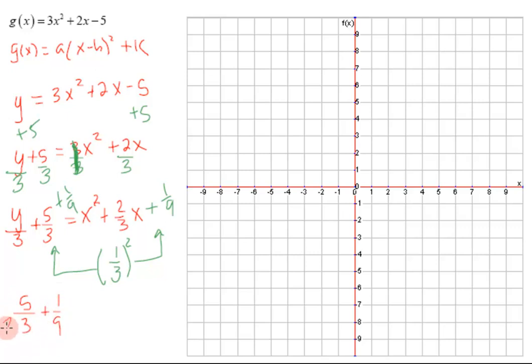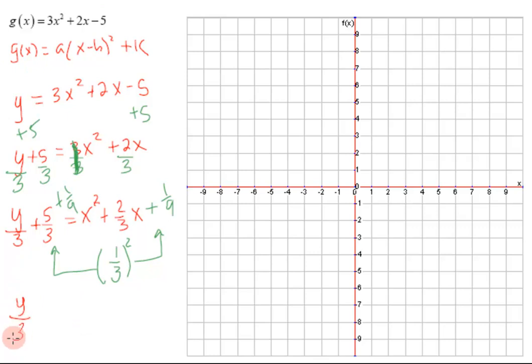I need ninths, so I'm going to multiply by 3. So that's really 15/9, right? This whole thing now is 15 ninths. So 15 ninths plus 1/9 is 16 ninths. Okay, that's what this is up here, 16 ninths. Alright, I'm going to erase it because I don't have a lot of room here, but 16 ninths, that's side work or calculator.